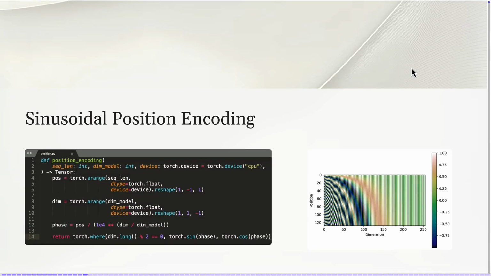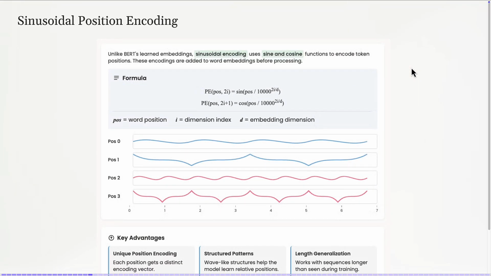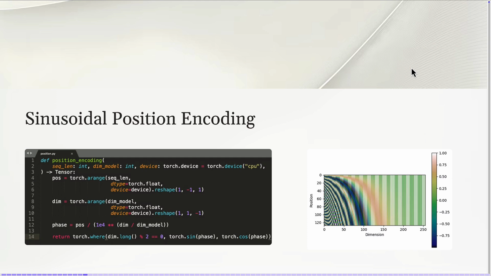And this is how we implement it in Python. This is the Python implementation. It depends on the sequence length and also on the dimension of the model. The dimension of the model means every word has how many embeddings.